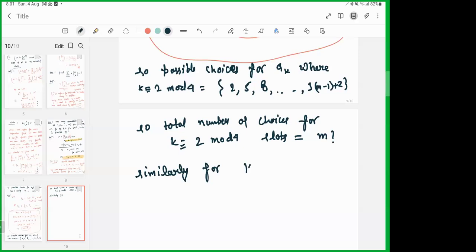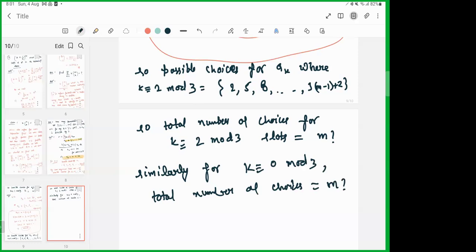For K congruent, sorry, mod 3. Why am I writing mod 4? Mod 3. Similarly, for K congruent to 0 mod 3, the total number of choices is m factorial.